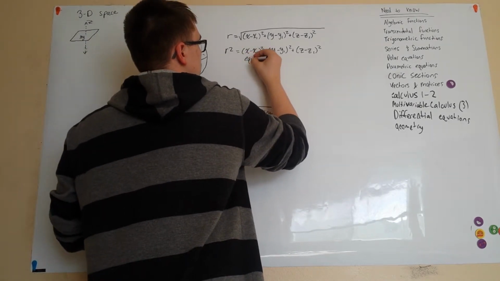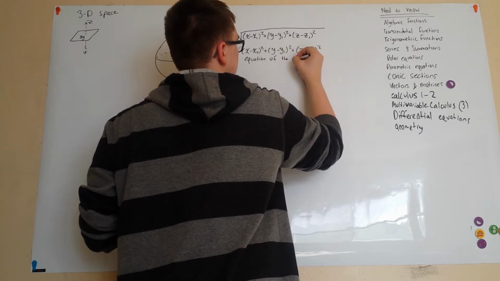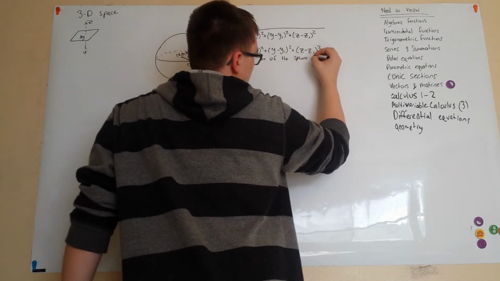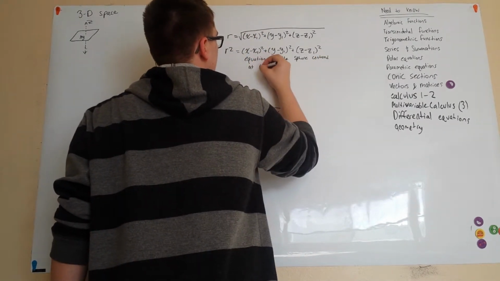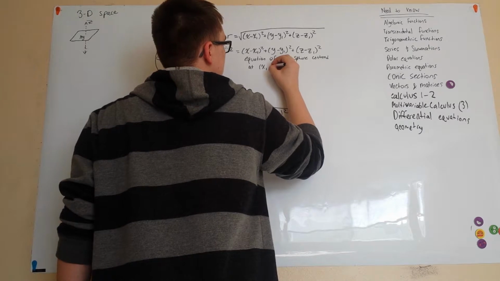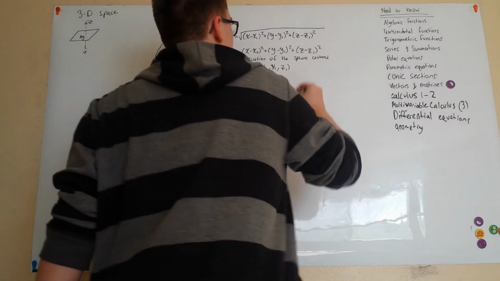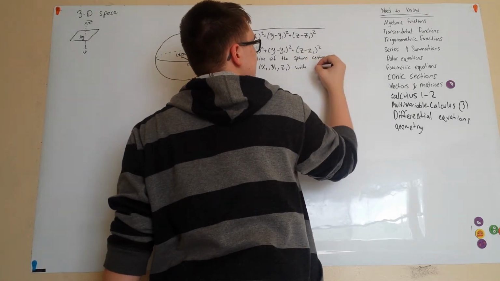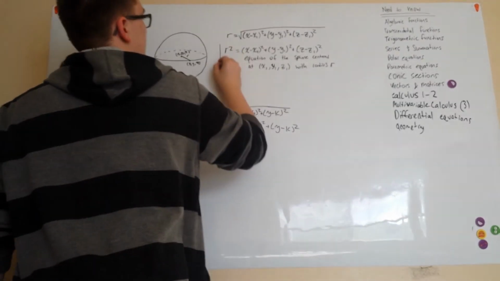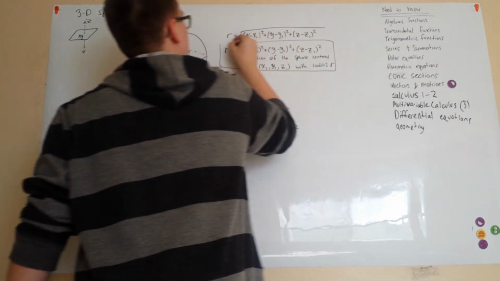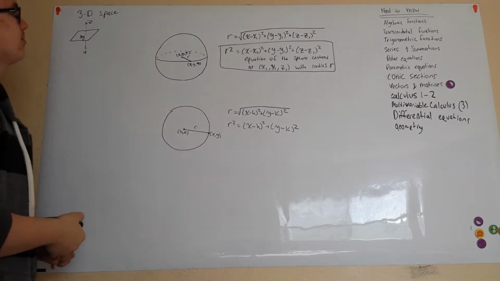So this is the equation of the sphere centered at this point with radius r. Okay, so that's the equation of a sphere.